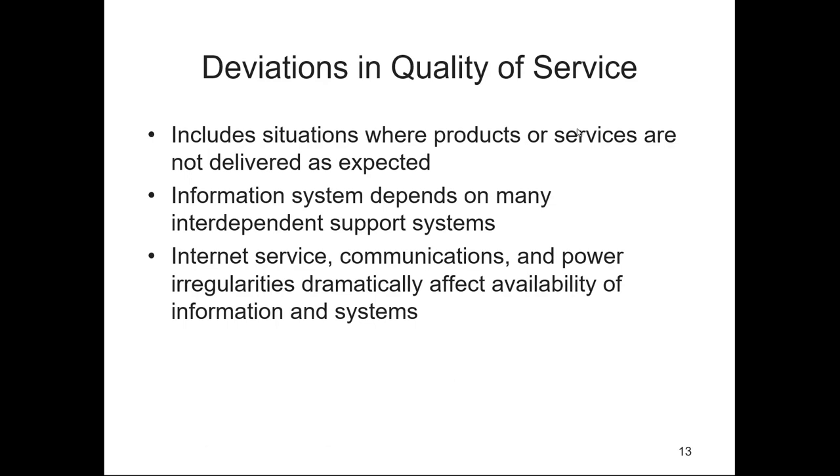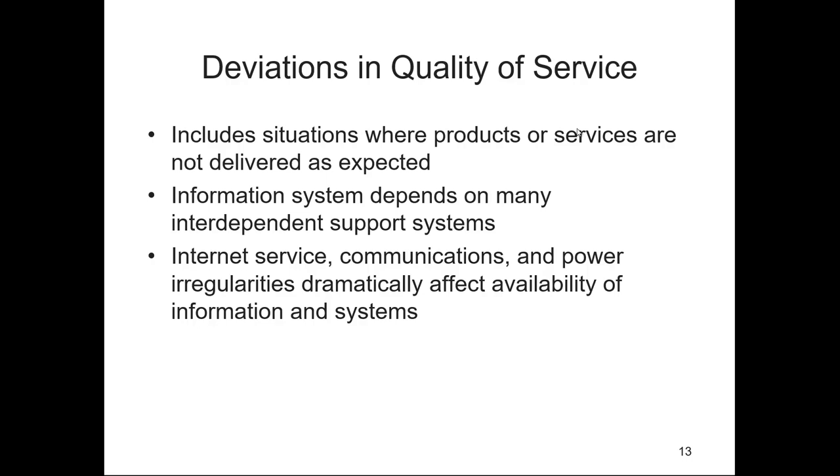As a result of any attack on the company's information or breach into the system, products and or services are not delivered to customers as expected, or what can be called a potential deviation in quality of service by service providers.